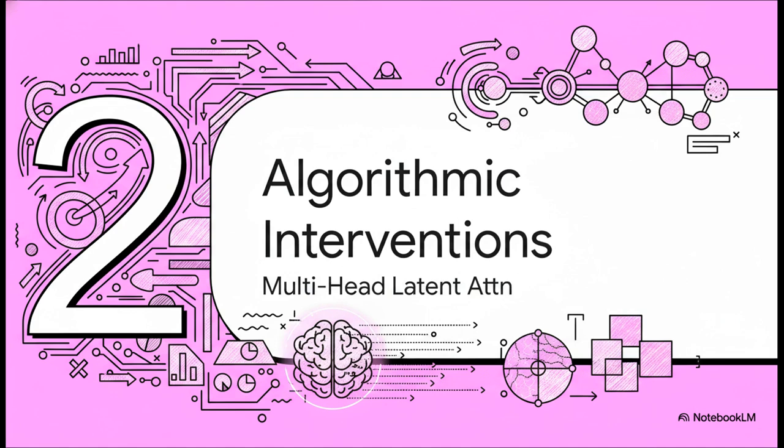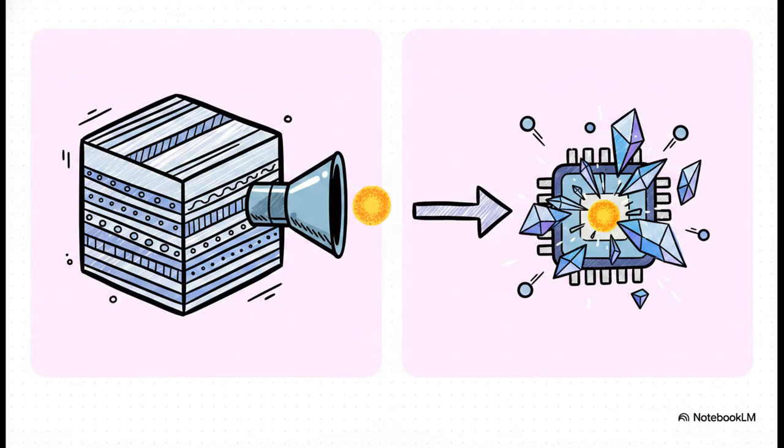Moving right along to Section 2, algorithmic intervention. Basically, the math. Okay, so how does MLA actually pull this off mechanically? In standard models, you're dumping massive, high-dimensional key and value vectors directly into HBM. MLA completely flips this paradigm. Instead of storing those huge projections, MLA uses a down projection matrix to compress the input hidden state into a tiny, low-rank latent vector.